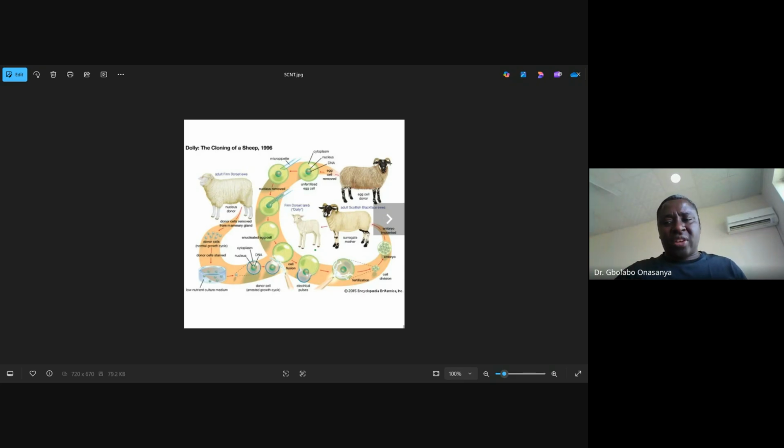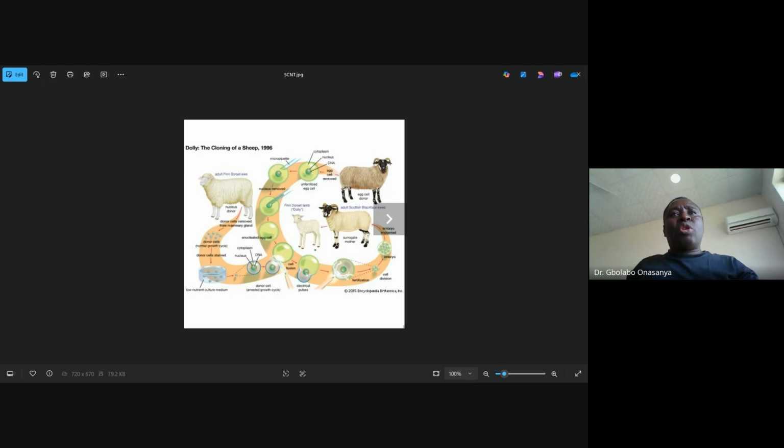You need a donor cell. You need a recipient cell. In this case, the donor cell is the human mammary gland cell.